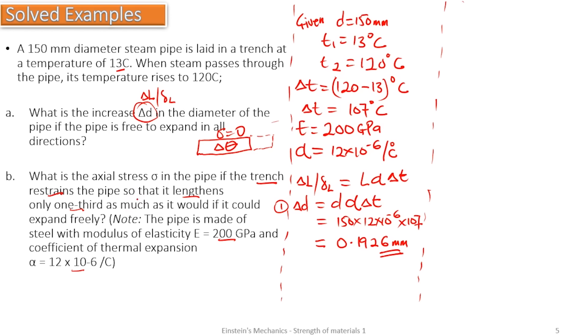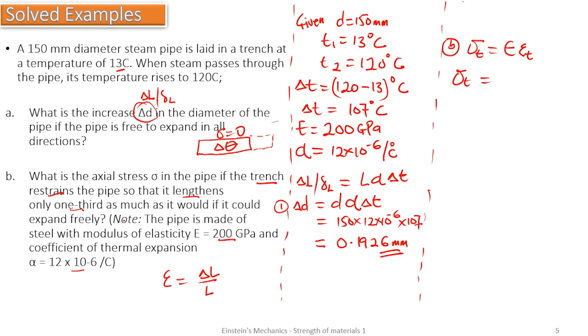So we have to find that stress. But what do we know? We know that thermal stress is E times the thermal strain. And we know from initial that strain is change in length over length.